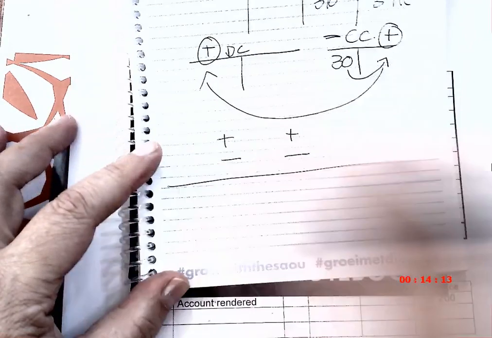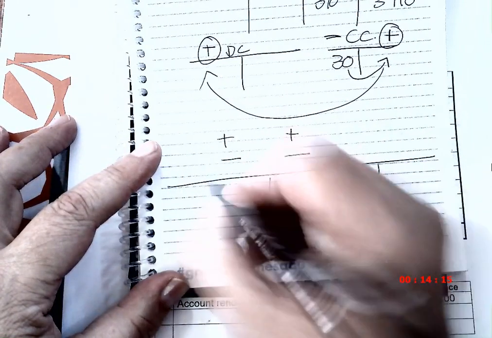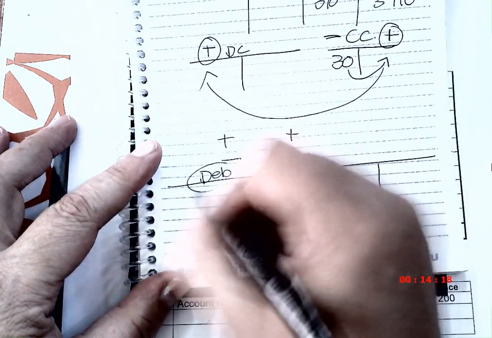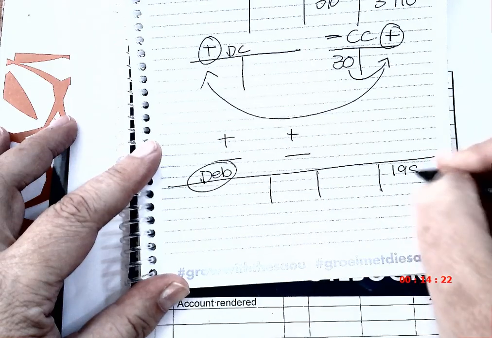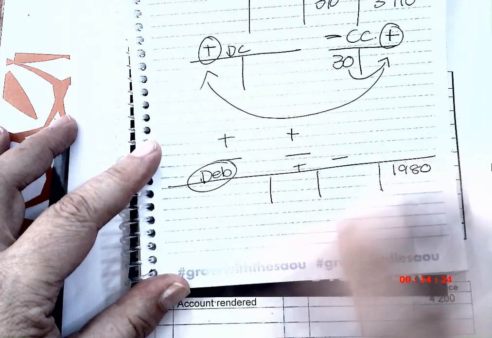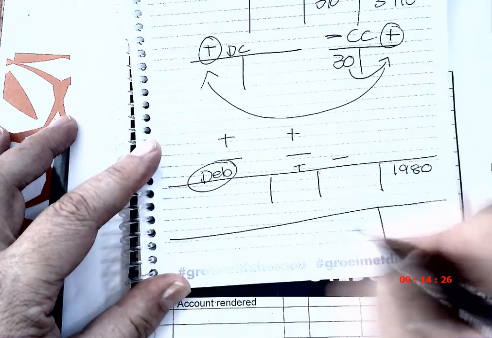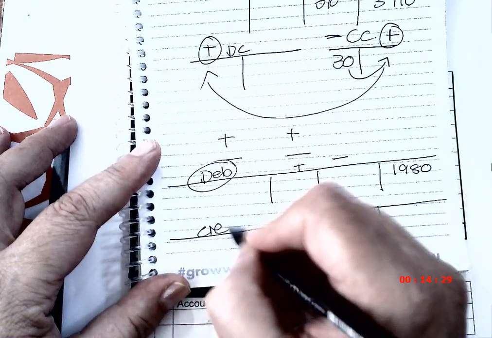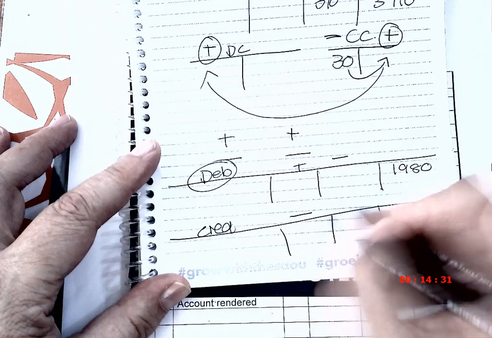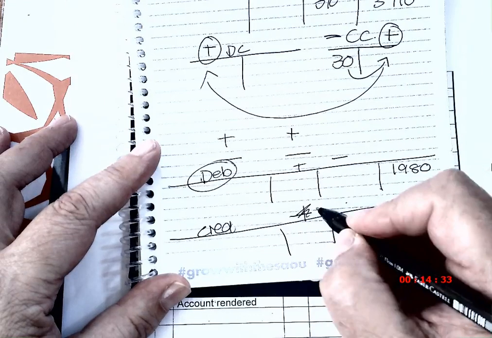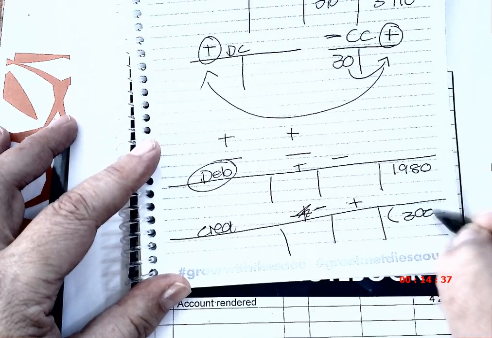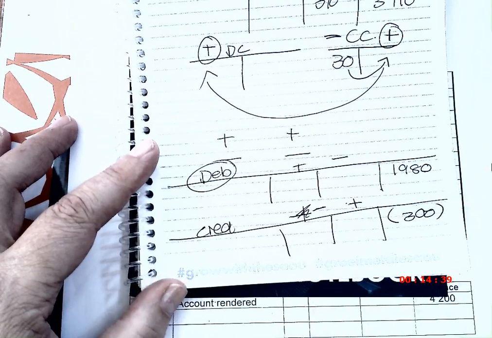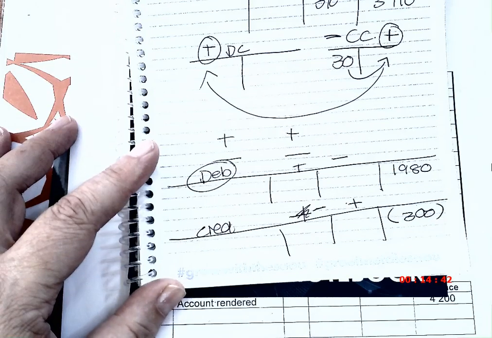So, as a debtor, he had a debit balance of 1980, right? As a creditor, he had a debit balance of 300, meaning it's negative. If it's negative, I want to do the opposite. So I'm going to plus it so that this becomes 0.